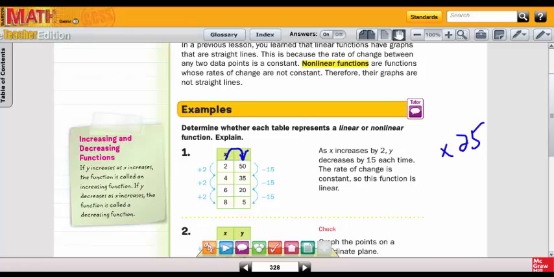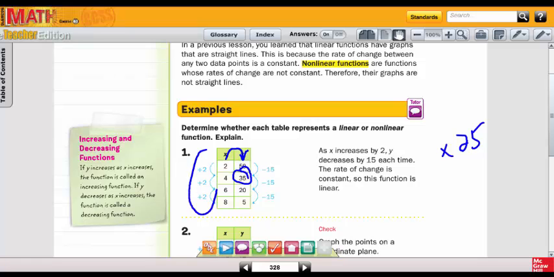And then you would look at this and you say, what would I multiply? So if I multiply 4 times 25, will I get 35? And the answer is obviously no. So in some cases, recognizing that we can multiply the x value by some constant in order to get the y value leads us to an easy conclusion that it's linear or not, but in this case that doesn't work.